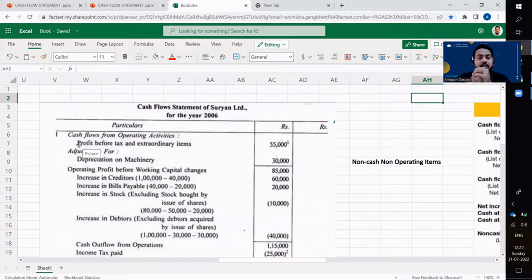I'll give you another question. What was the starting point when we started off with the indirect method of computing operating activities? Can you remember? Can you recall? I'll help you out. It was the net profit that we started off from. So the balance in the net profit is where we start.